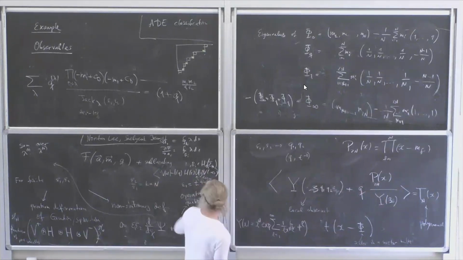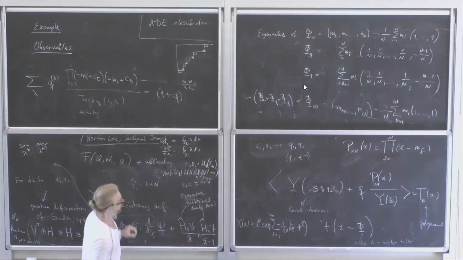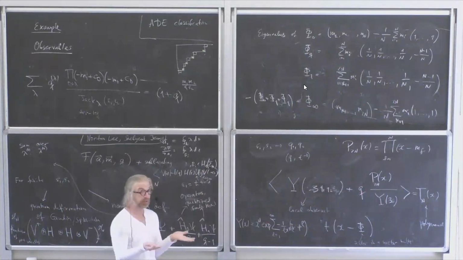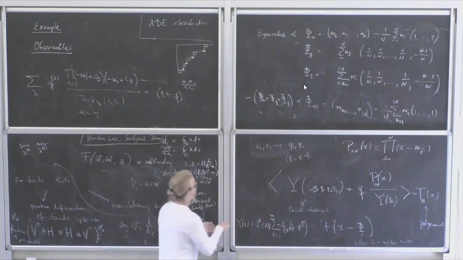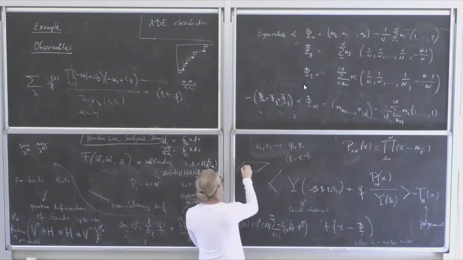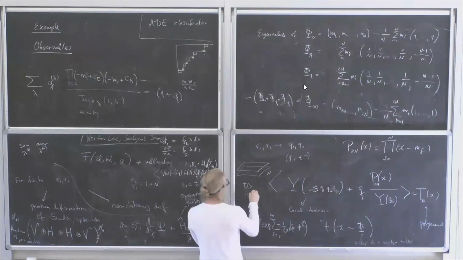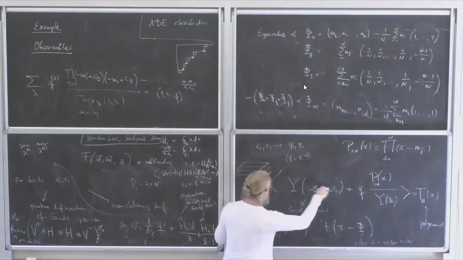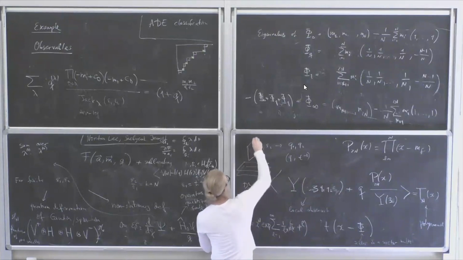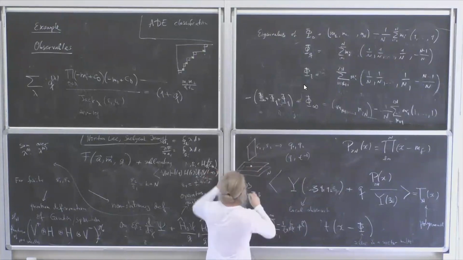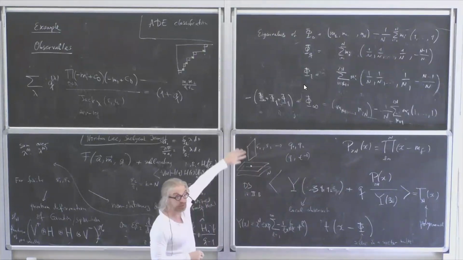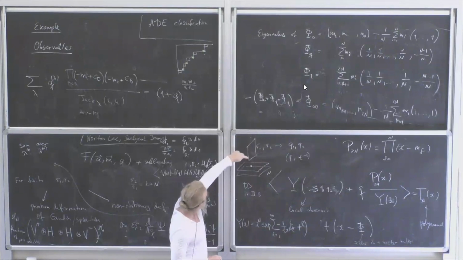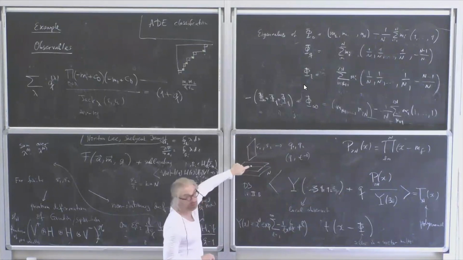If the theory which I started with is engineered as a theory on a stack of branes, so take a collection of D3 branes in type 2B string theory, then such an observable can be engineered by introducing a brane which lives in the transverse space, which approaches this stack of branes at one point.